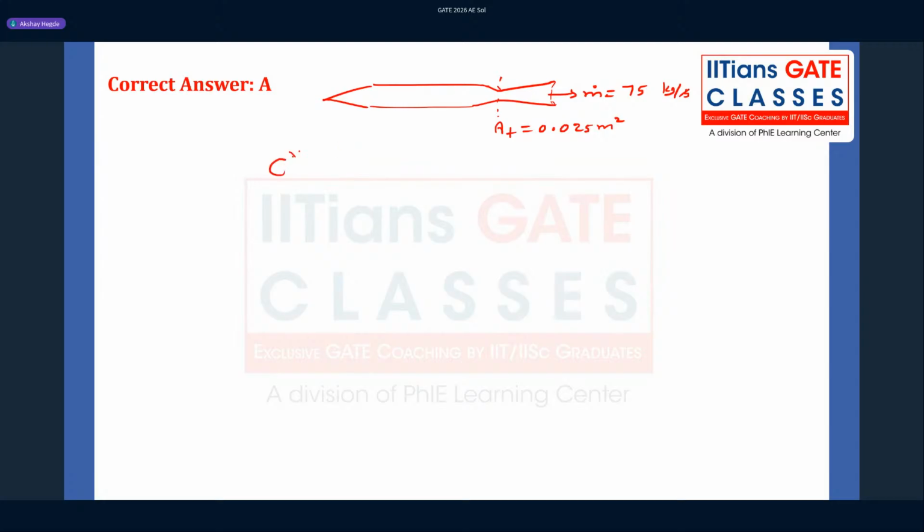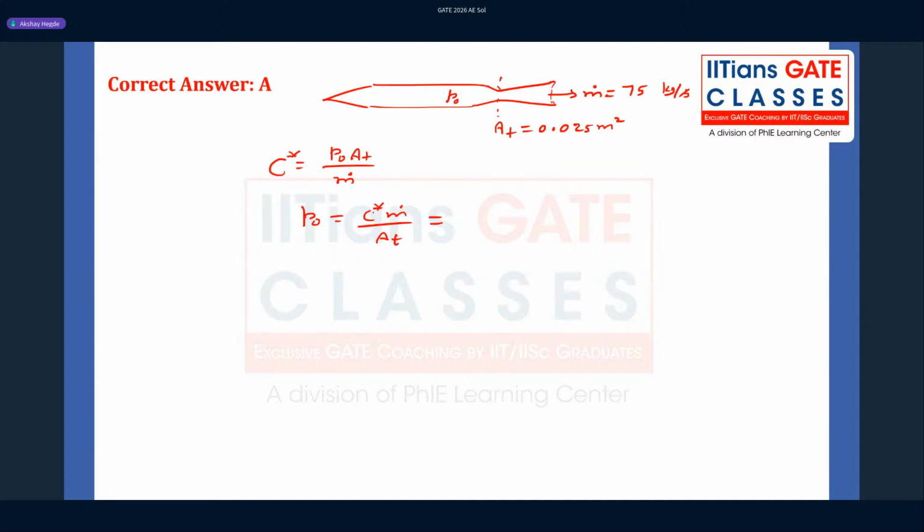So how do we define the characteristic velocity? That is P naught AT divided by m dot, right? Where P naught is the chamber pressure, m dot is the mass flow rate, and AT is the throat area. So from this one, we can directly calculate P naught. That is C star m dot over AT.